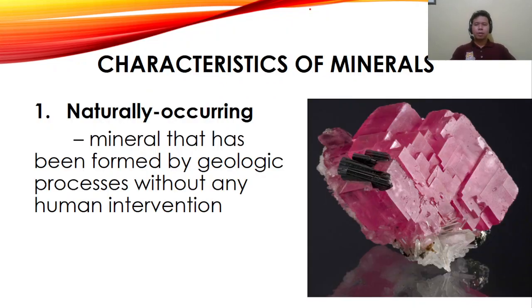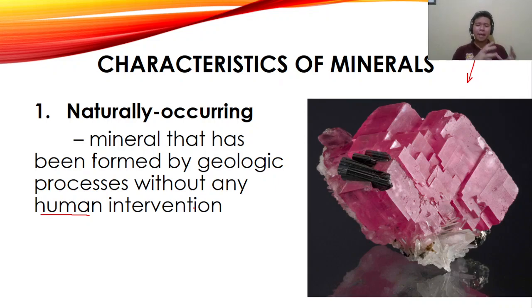Now, first characteristic of minerals, a mineral is naturally occurring. This picture is an example of halite. Halite is a type of salt which occurs naturally near water bodies, near the salt water bodies. So when we say naturally occurring, these are minerals that have been formed by geologic processes without any human intervention.